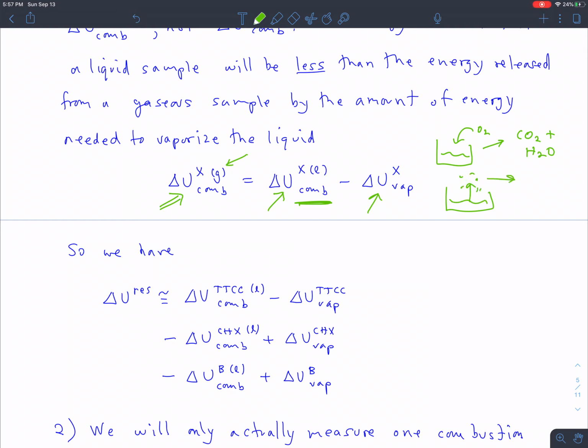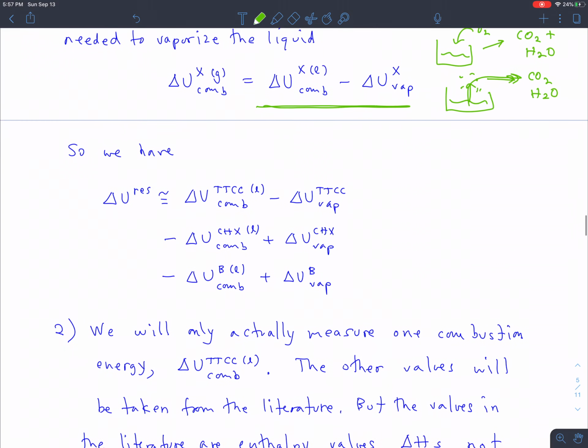It's a different path, but delta U's don't depend on path. So if I look at the energy by this other path that gives me the same results, CO2 and water, I will get the right answer. So I can burn the liquid stuff and then subtract the energy of vaporization, and I should get the right answer. There's no approximation here. That's actually rigorous.